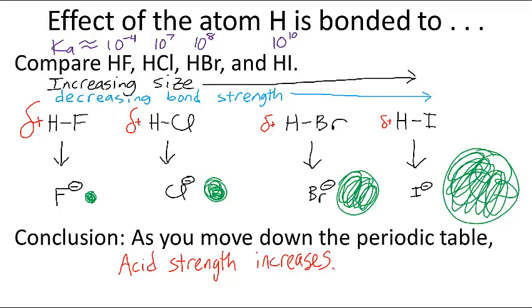I know that it works in general, on a broad scale. If you're looking at the same atom bonded to other atoms of differing sizes, generally the bond with something of similar size is going to be the strongest. But there may be exceptions to that.